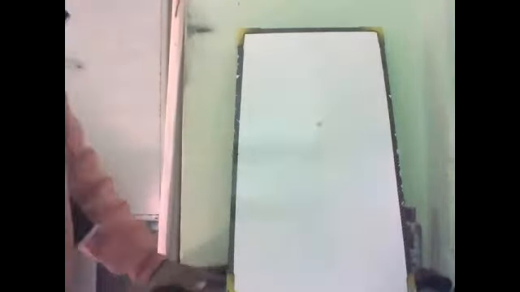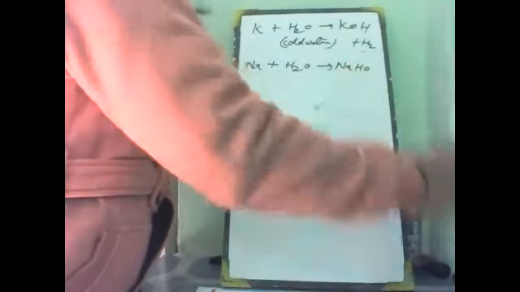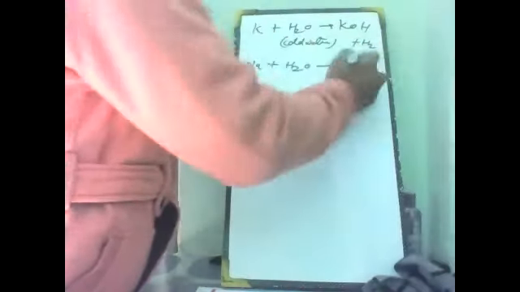Potassium reacts with water and it forms KOH. The reaction takes place in cold water. Same for sodium. Sodium reacts with water and forms NaOH and releases hydrogen gas.